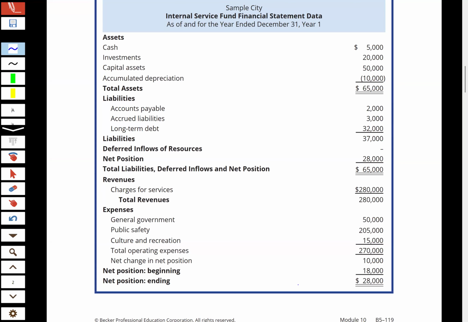We do need to move some things around and eliminate some profit that may be contained in the internal service funds, since the customers of the internal service fund are the other funds. And since we're not Enron or any kind of company that's engaging in financial shenanigans of the sort, you can't generate revenue out of entities that you can control, right? And so, we'll have to make some adjustment for that.